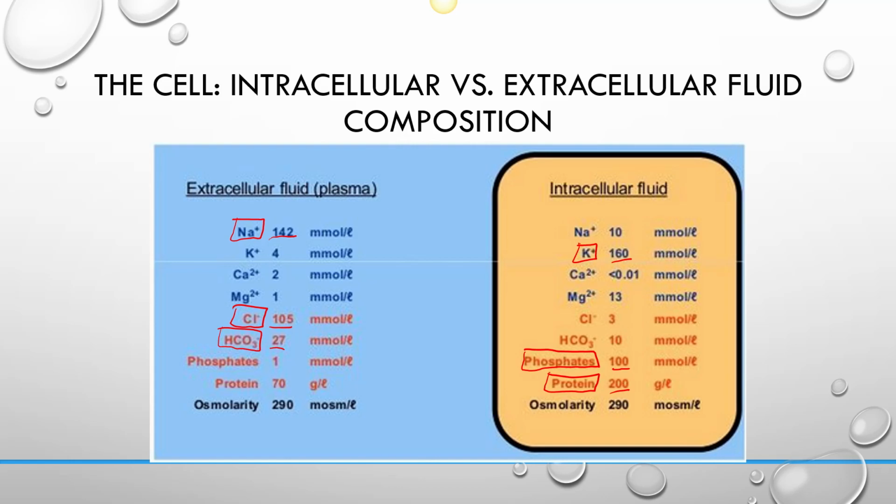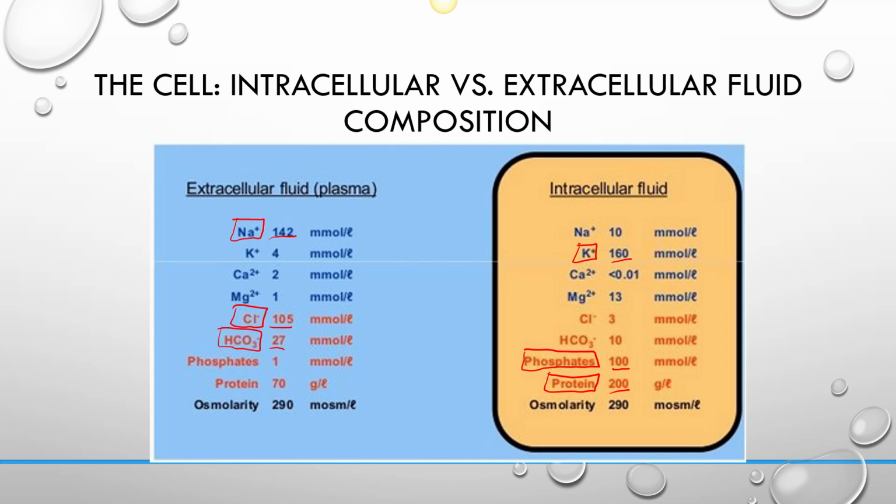If I ask, what is the predominant intracellular cation? Well, the cation is the positively charged one. That would be potassium. If I say, what is the predominant extracellular anion? That would be either chlorine or chloride or bicarbonate. This is important when we get into how a nerve impulse is sent, or how a muscle contraction works.